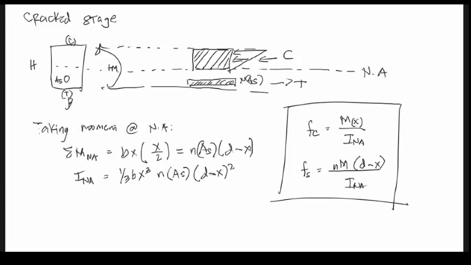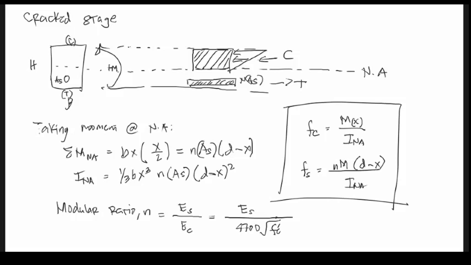Your modular ratio, that is N, that is equals to your ES, or the modulus of elasticity of steel versus the modulus of elasticity of concrete, or that is equals to ES over 4,700 square root of FC prime. Ano pa?